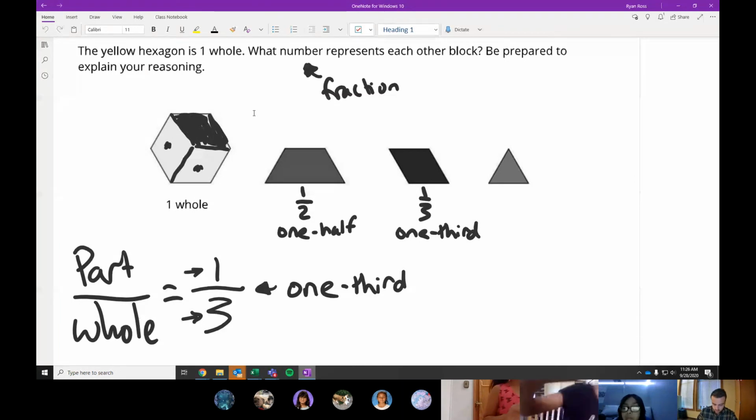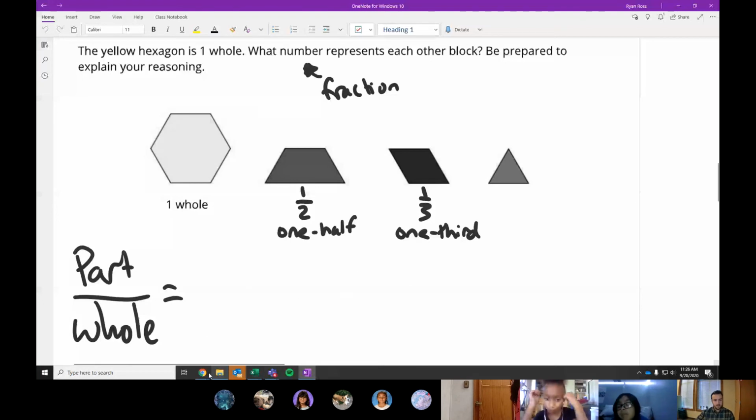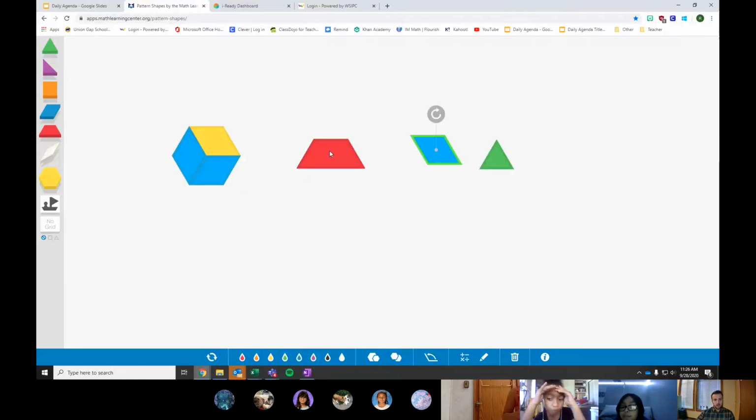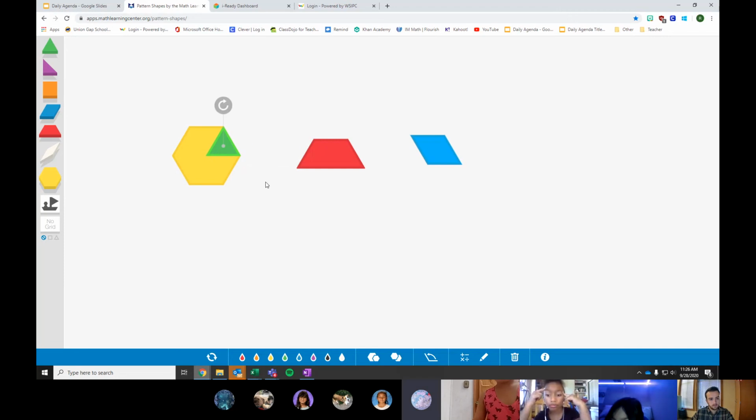Camila, did you want to help with the next one? Okay, let me get my screen shifted back over here. How many triangles would it take to fill that shape? You can try it with your manipulatives too.